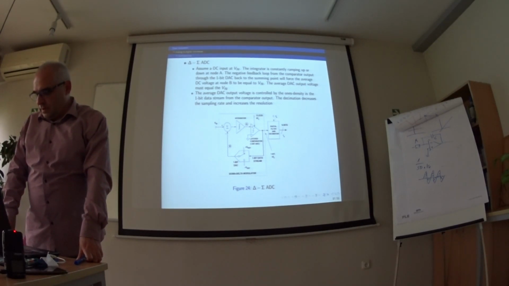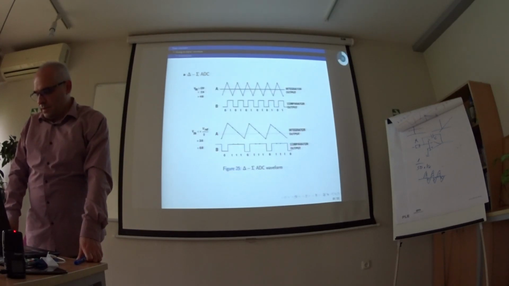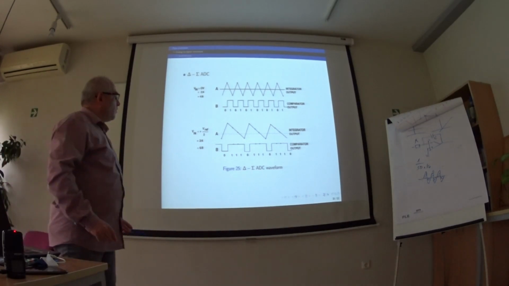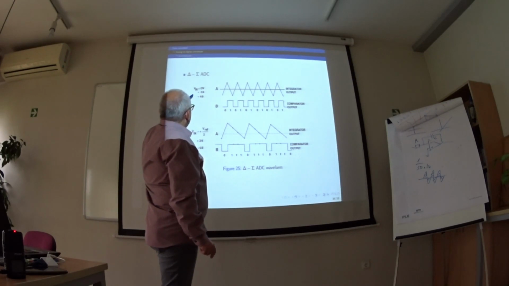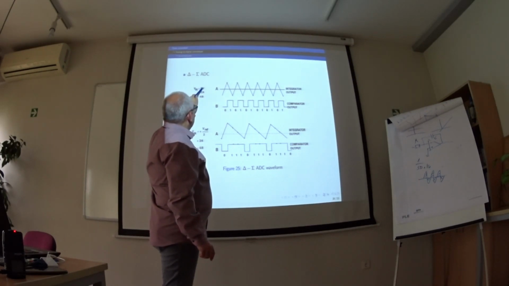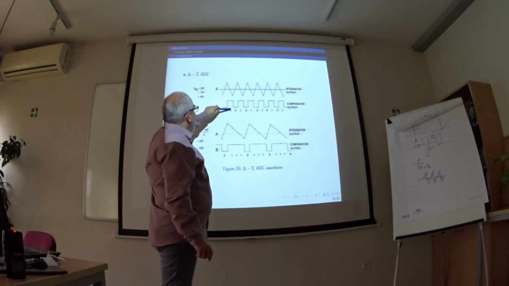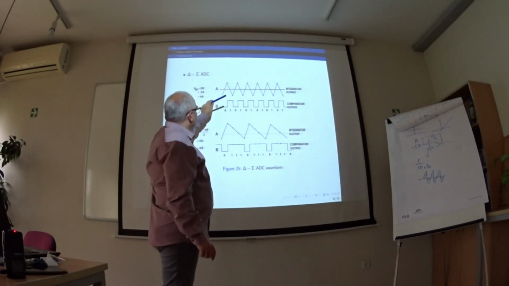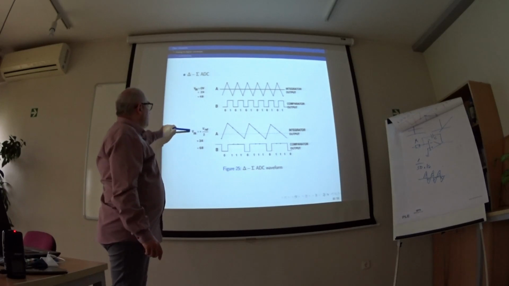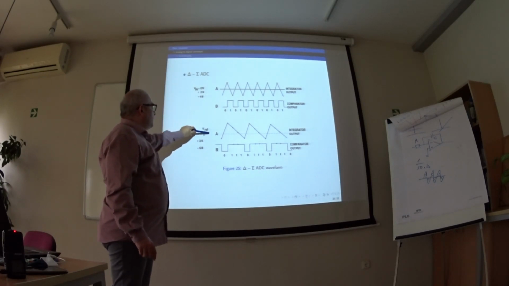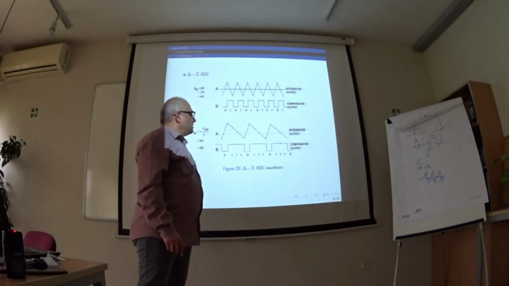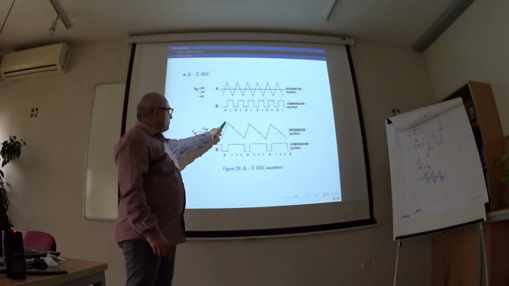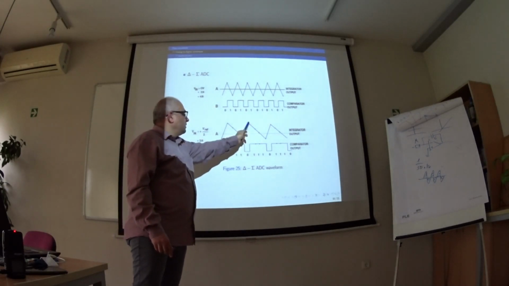One interesting thing here is the waveform. Here is the output of the integrator. Here we apply 0 volts input voltage. The number of ones is equal to the number of zeros. When we apply a voltage of half of the reference voltage, you can see the number of ones is increasing and the waveform of the integrator changes.